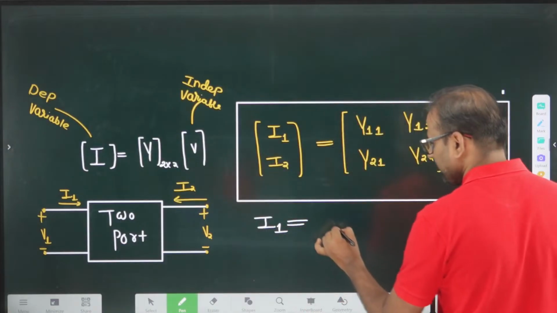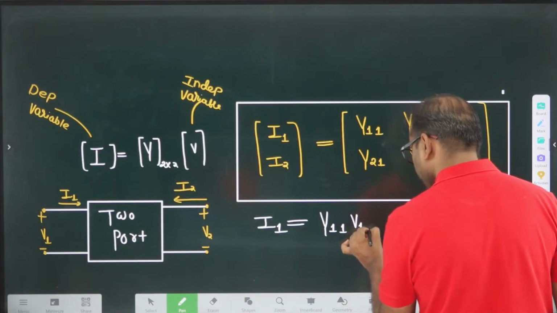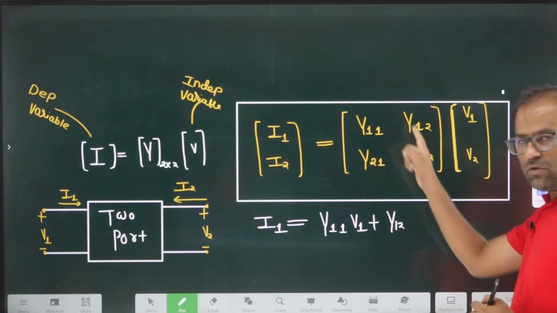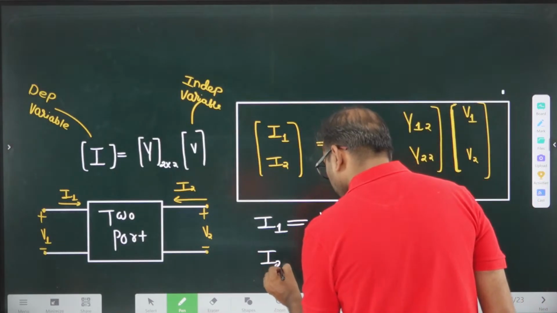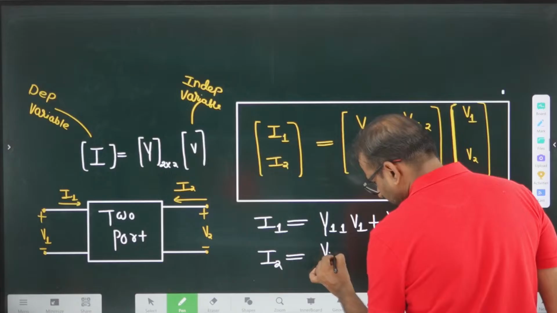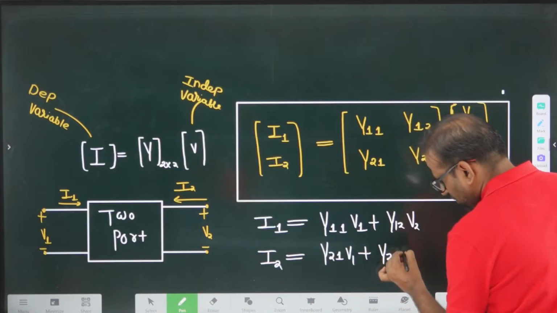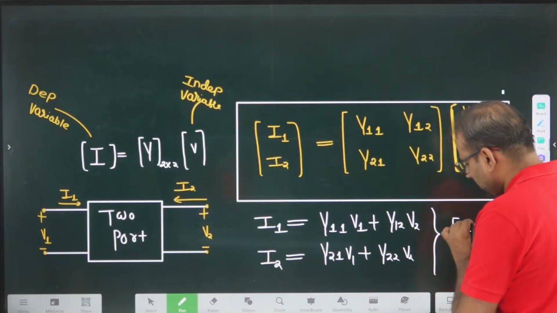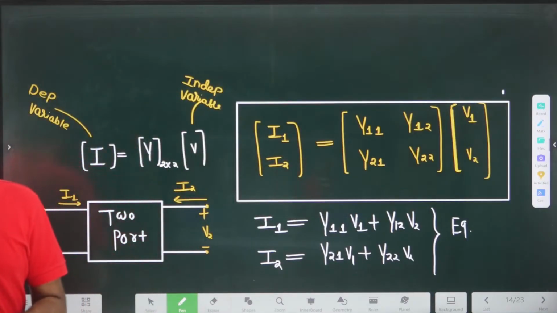I1 can be written as Y11 V1 plus Y12 V2, and I2 is Y21 V1 plus Y22 V2. So this is in the form of a matrix and this is in the form of equations. This is the representation of these linear equations for I1 and I2.